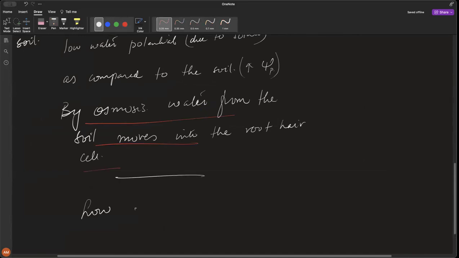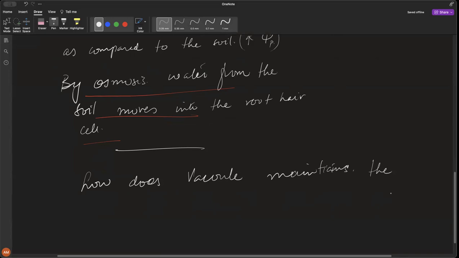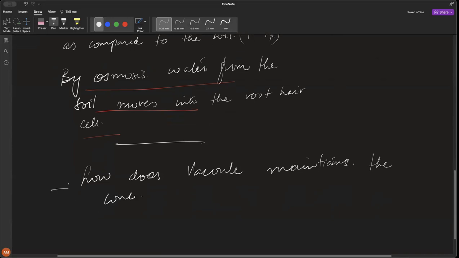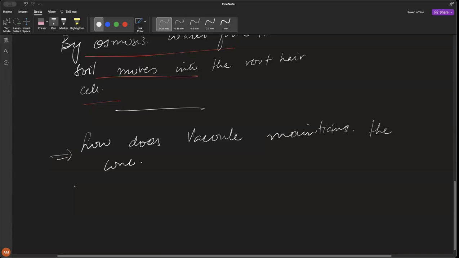How does the vacuole maintain the concentration, right? Because the water keeps on coming in, the plant needs water at all times.